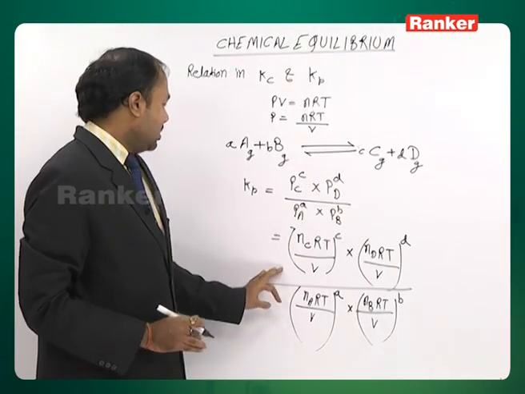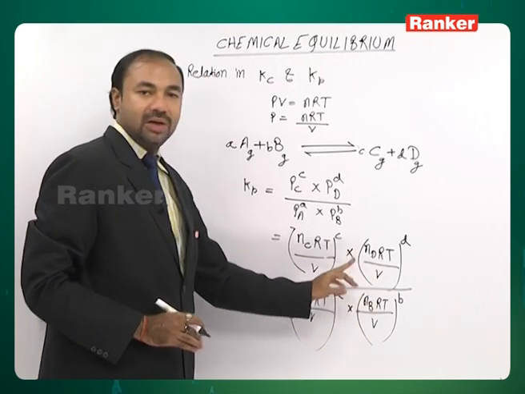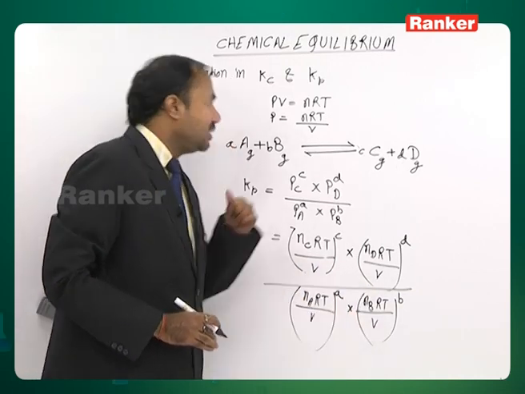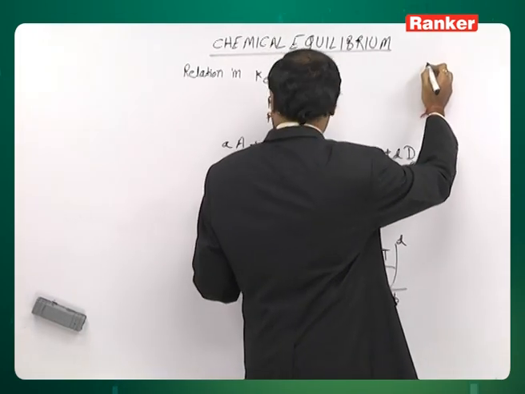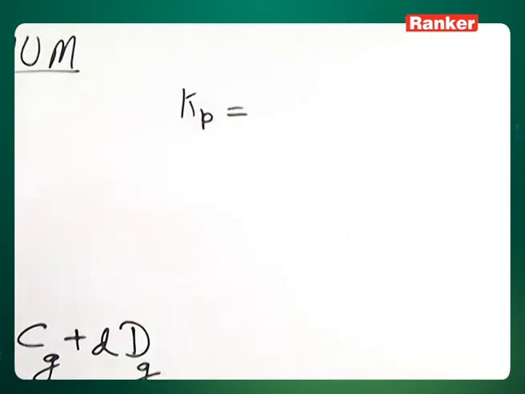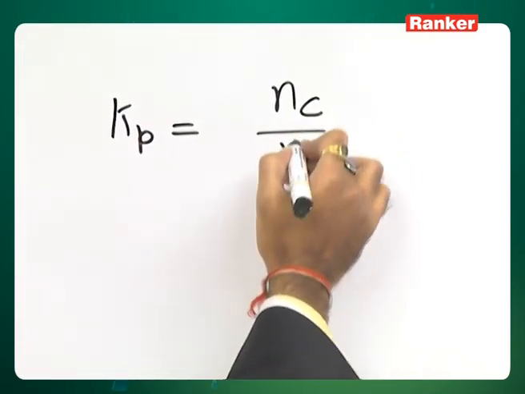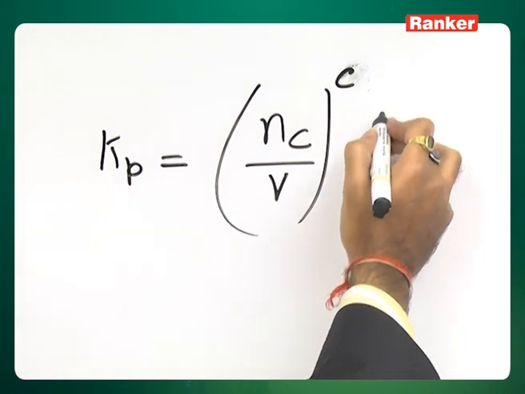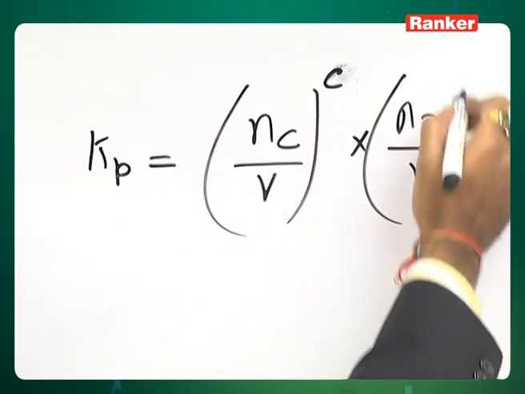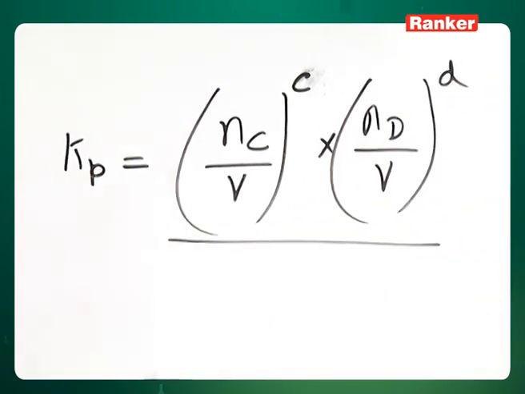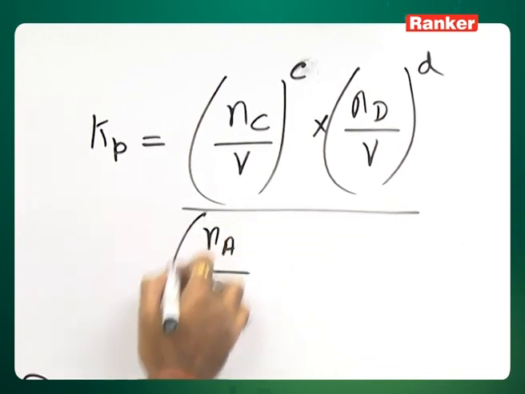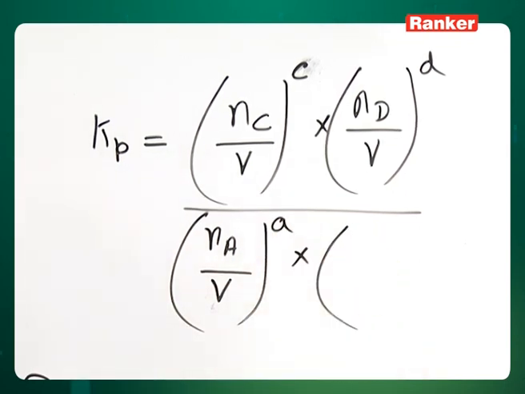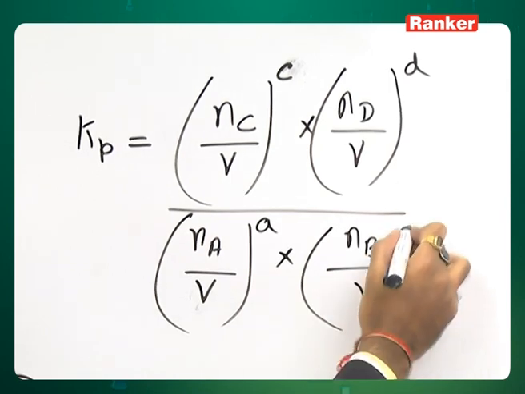Like this we get here. If you notice here that RT by V is common for all of them, we take NC by V, ND by V, NA by V and NB by V, and then we get Kp as equal to NC by V raised to power c into ND by V raised to power d, upon NA by V raised to power a into NB by V raised to power b.